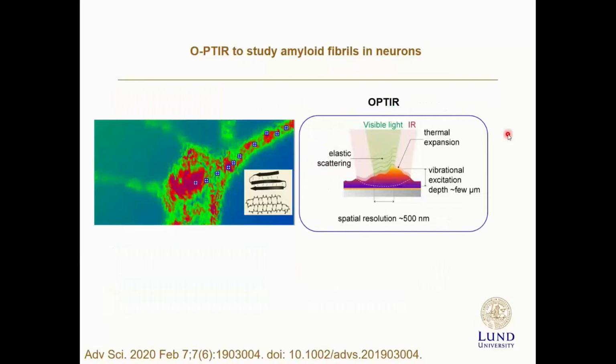However, using infrared spectroscopy, it was not possible to study changes of amyloid structures directly in neurons.